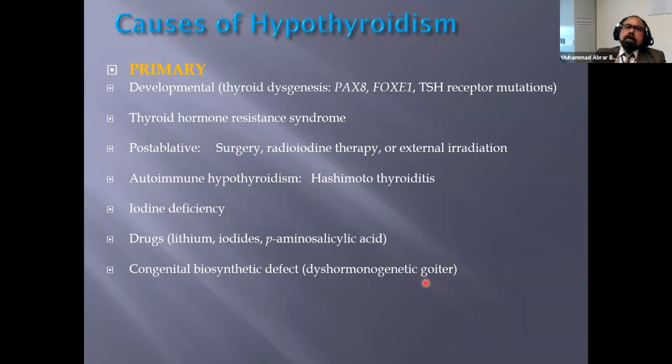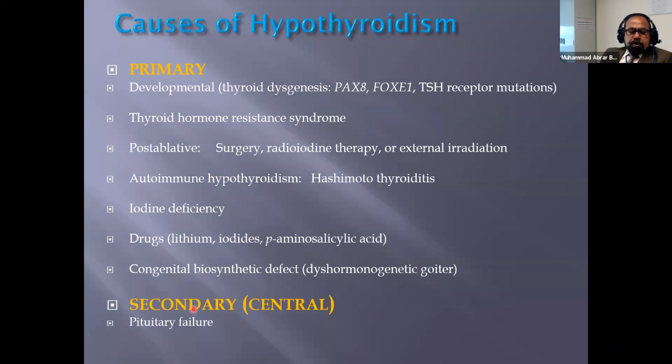Suppose the iodine is taken in; the iodide cannot be changed into iodine form by peroxidase, so there is a problem in the peroxidase. And when it is not changed into iodine form, it is not attached to tyrosine to form monoiodo or diiodotyrosine, or T3 or T4. So there is a problem somewhere in that whole structure that forms thyroid hormone.